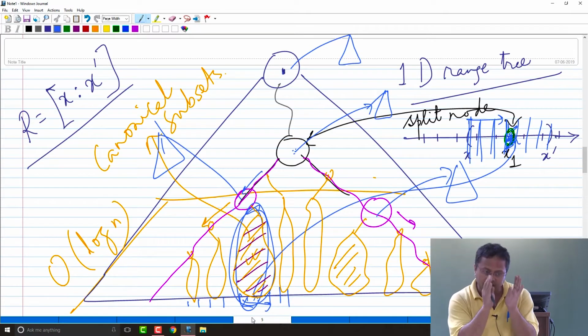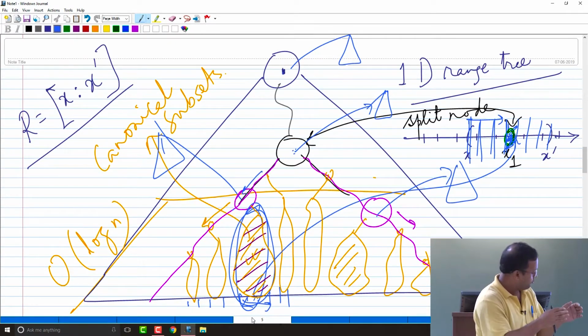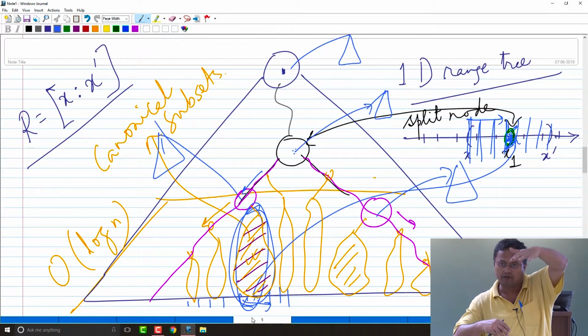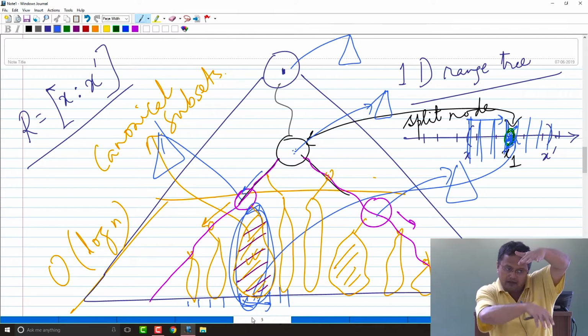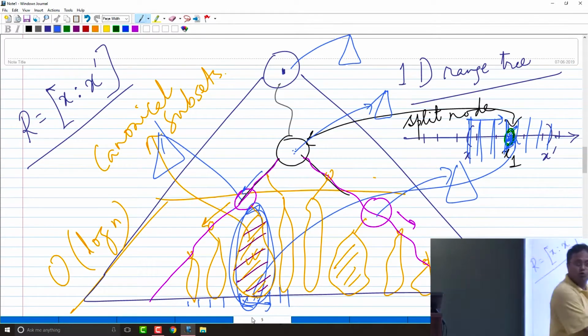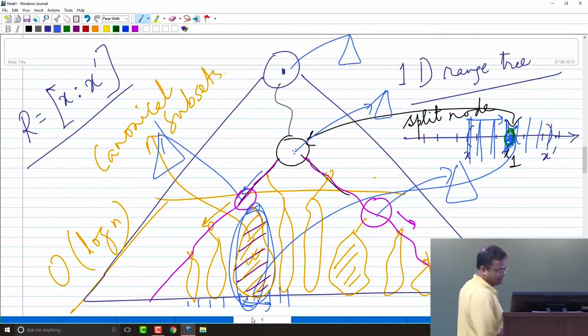Whenever you are searching with a y value, look at any associated structure at any level. Oh, this is a no-go zone for me, I cannot go there, I have to be here only.